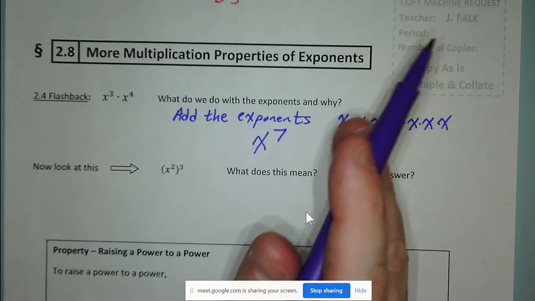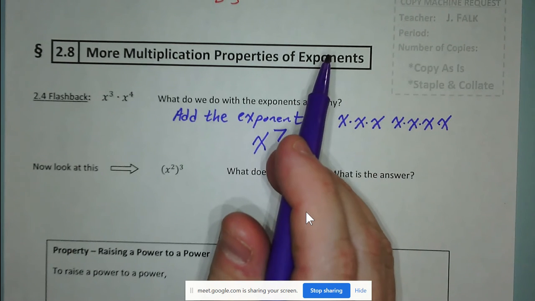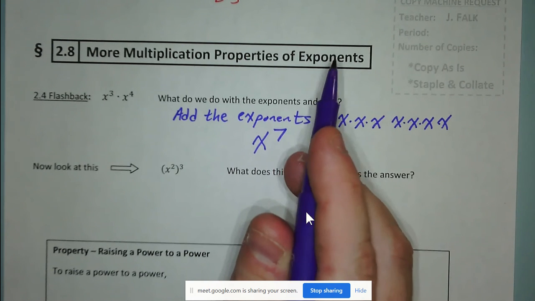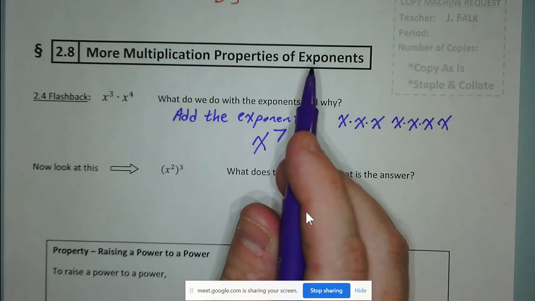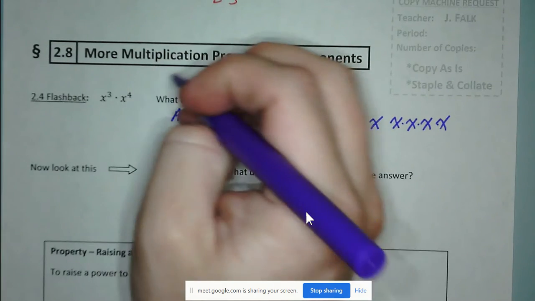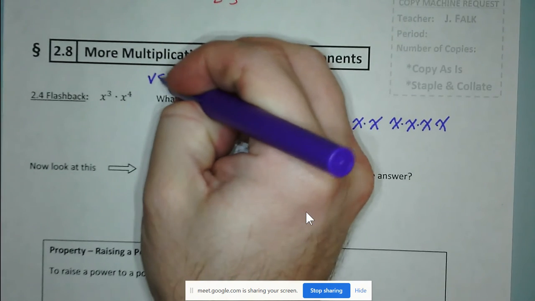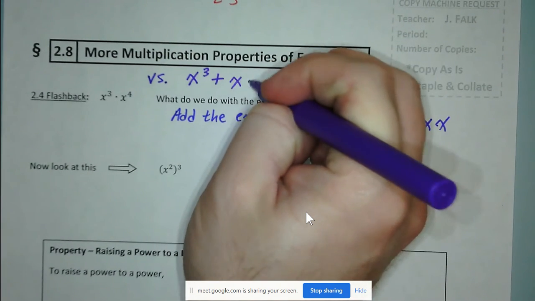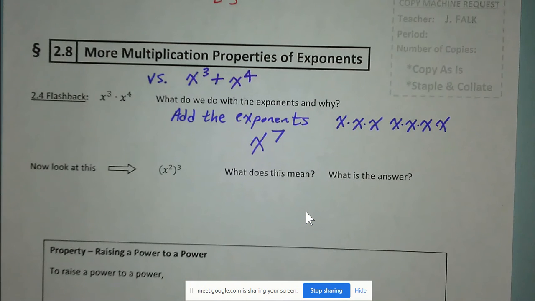Now, I also want to do an extra flashback to some other stuff earlier in this chapter. Compare that to x to the 3rd plus x to the 4th.